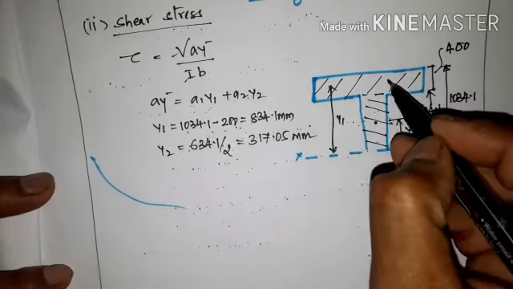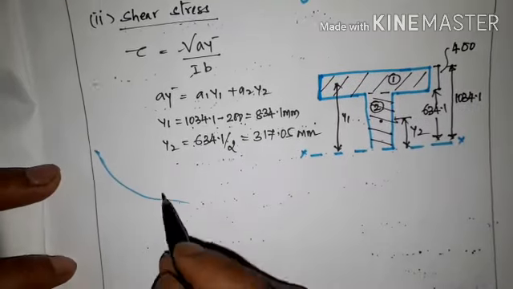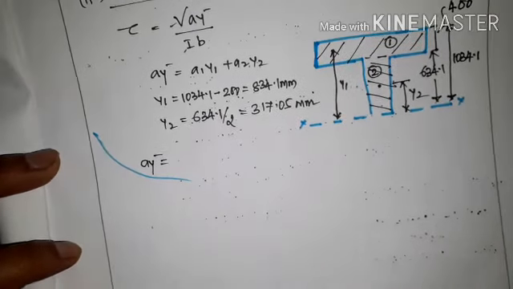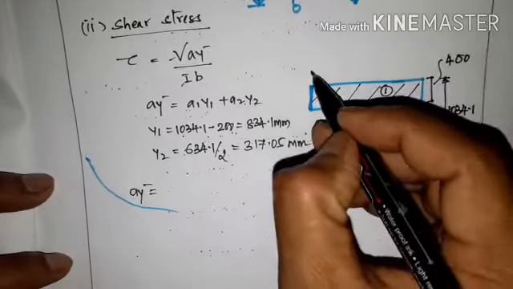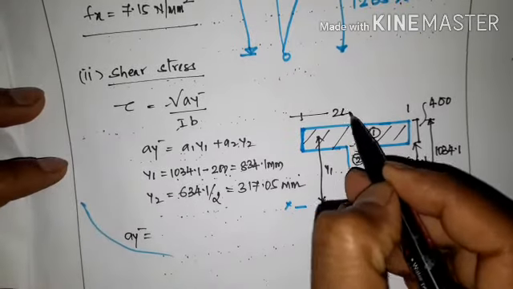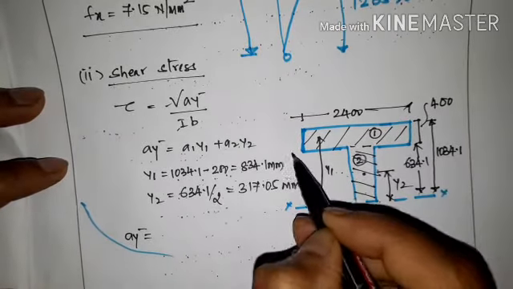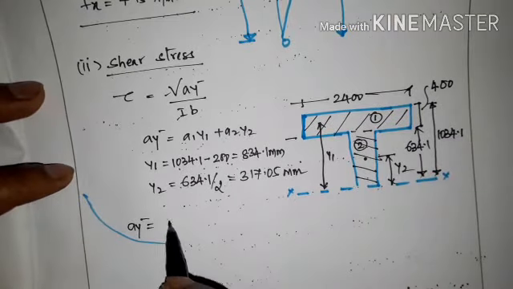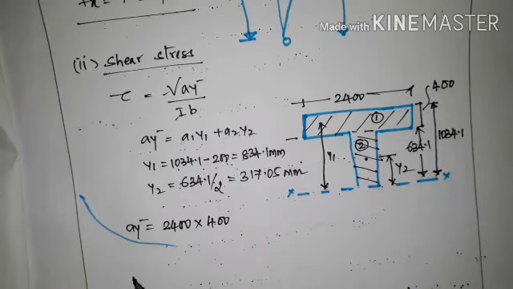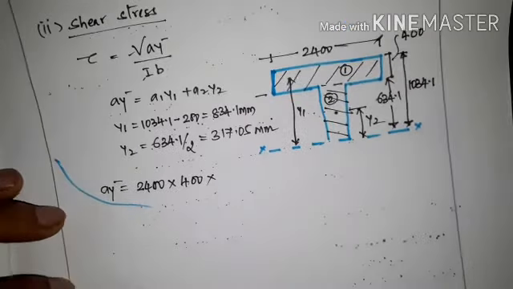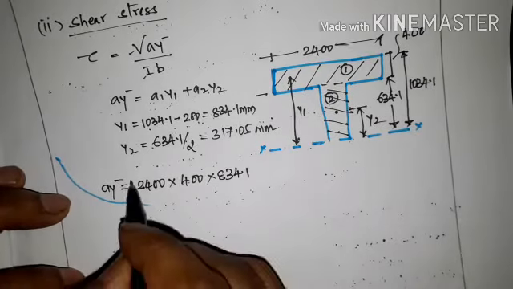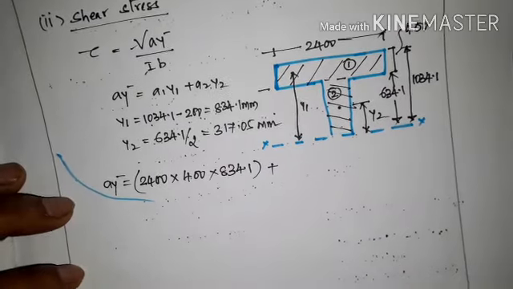So this will be 1 and this will be 2. Now we will calculate A y bar, that is A1 y1 plus A2 y2. A1 is 2400 by 400, into y1, which we have calculated as 834.1, plus A2 y2.